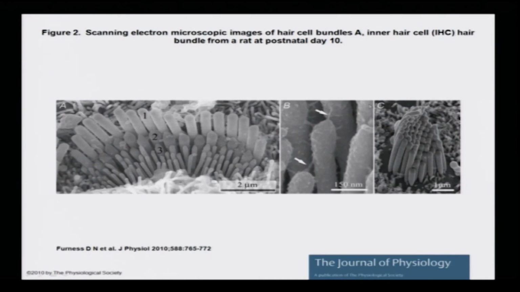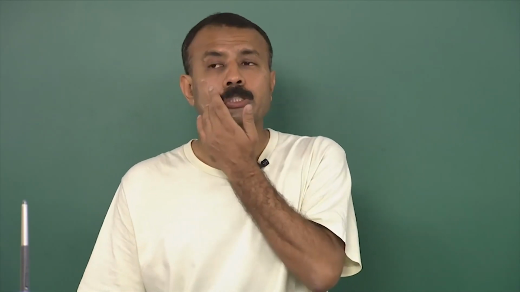That will give you an idea that these are the nano machines of the body which help us to decipher a wide range of signals: sound, light, smell, taste, touch and so on.